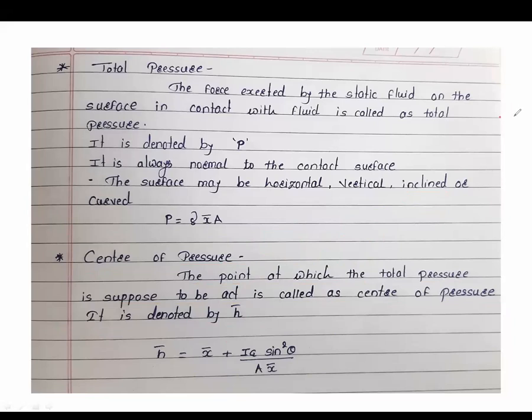This question has been asked many times, and in multiple choice questions this formula has been asked in many exams. You must remember this formula: x bar plus Ig sine square theta upon A x bar.